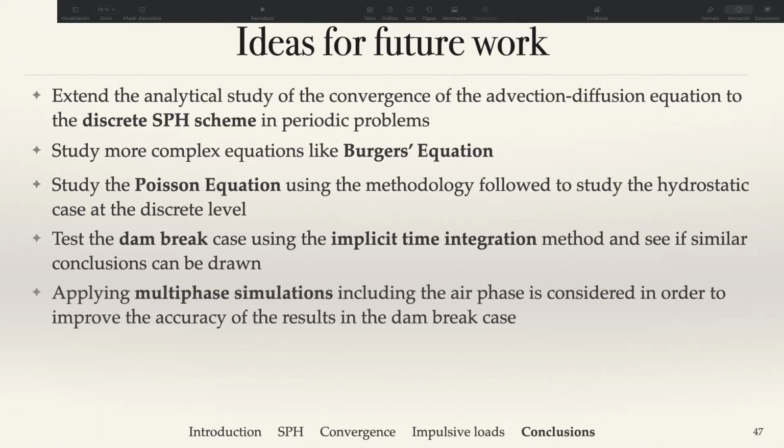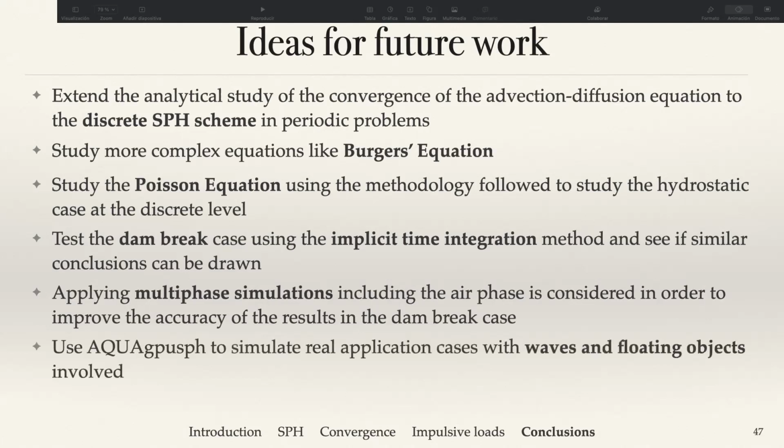Also, applying multi-phase simulations in order to study if this has an effect in the obtention of other pressures involved in the aforementioned experiment is considered. And finally, the use of AQUAgpusph in order to simulate more real-life application cases involving waves with breaking events and also floating objects is considered. I have to say that this is actually work in progress.